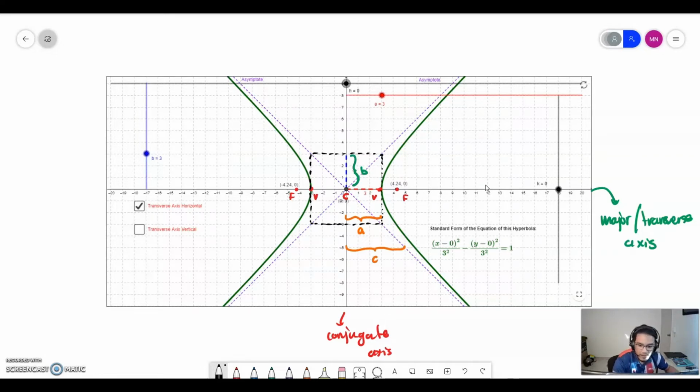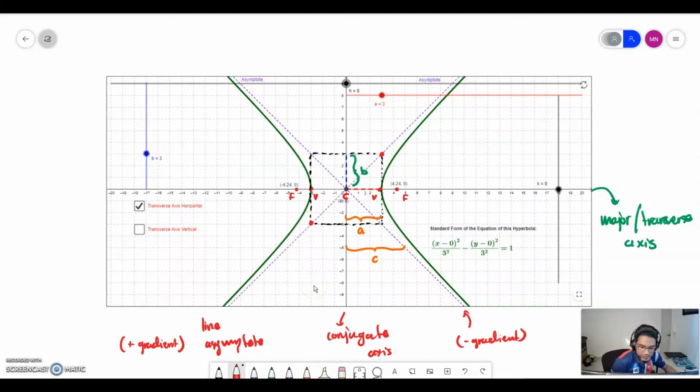One more thing: from the edge to another edge of the box, there will be the lines of asymptote. In total there will be two lines of asymptote, one with a positive gradient, this one, and another line of asymptote with a negative gradient, this one.